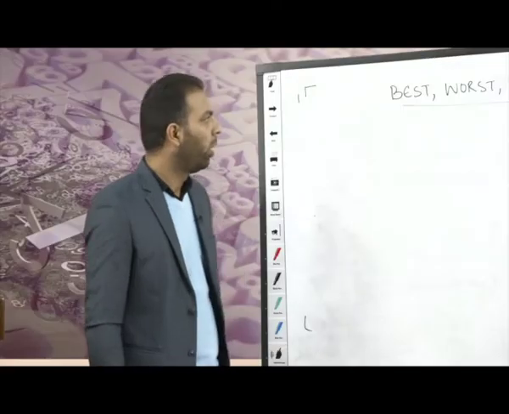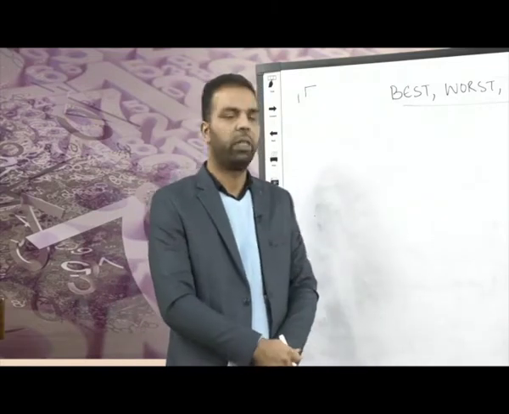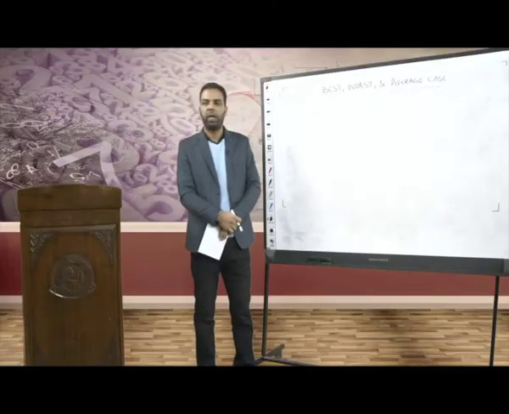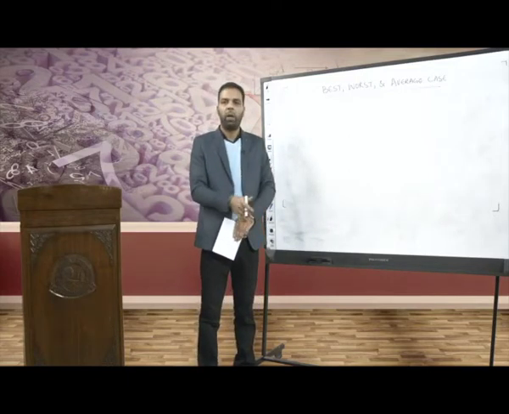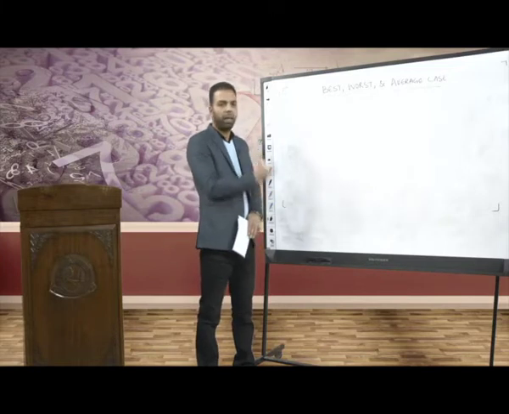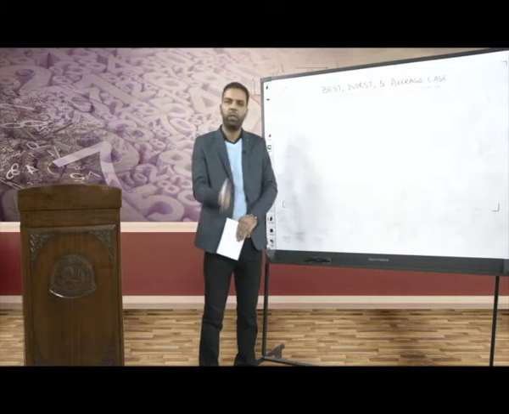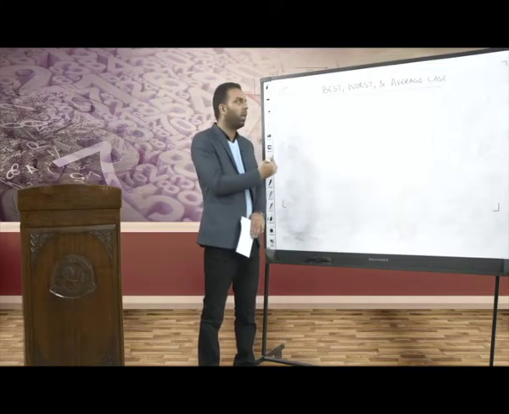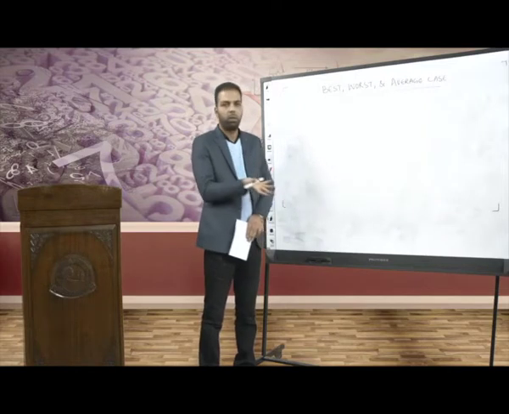We'll be winding up this lecture with best, worst, and average case scenarios, and seeing how they are different from your upper, lower, and tight bounds. They don't always imply each other, and you should not confuse them, as in saying that big O is the best, omega is worst, and theta is average. That is not the case.